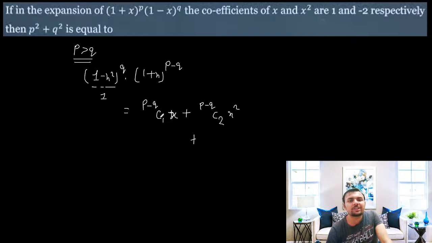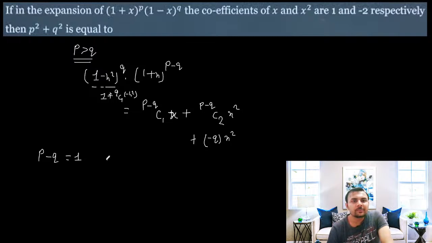And one more term is possible. From here we can have one term as 1, and the other term is qC1 times minus x square, qC2 x to the power 4. So it is minus q x square. So p minus q is equal to 1, and (p minus q)(p minus q minus 1) by 2 minus q is equal to minus 2.